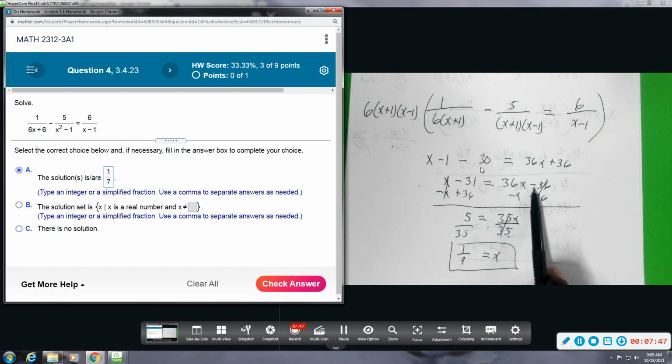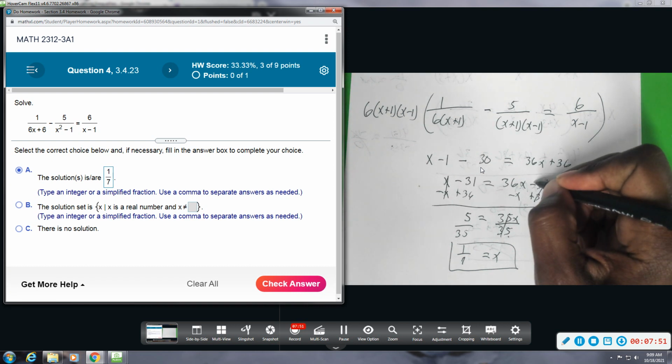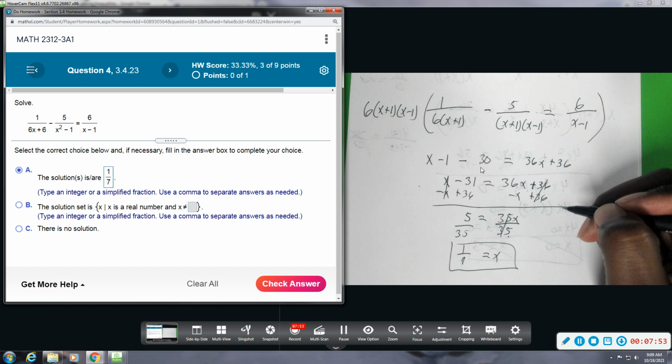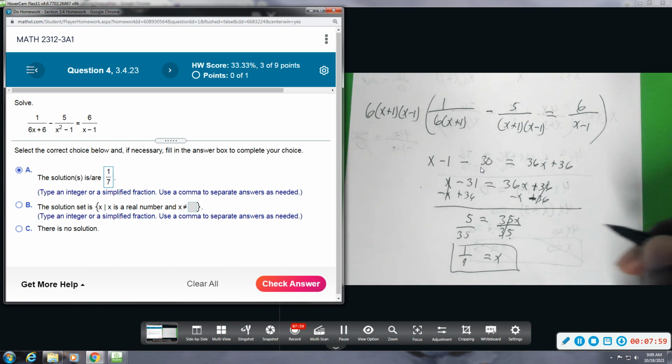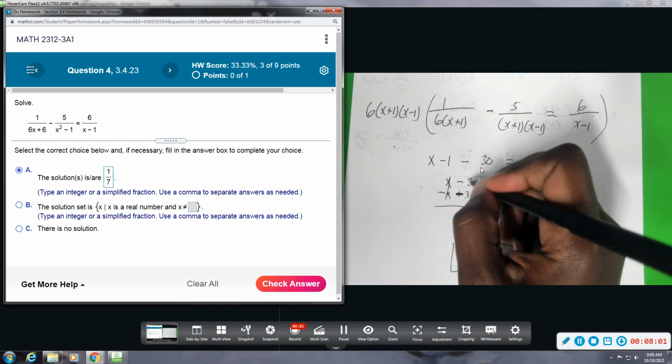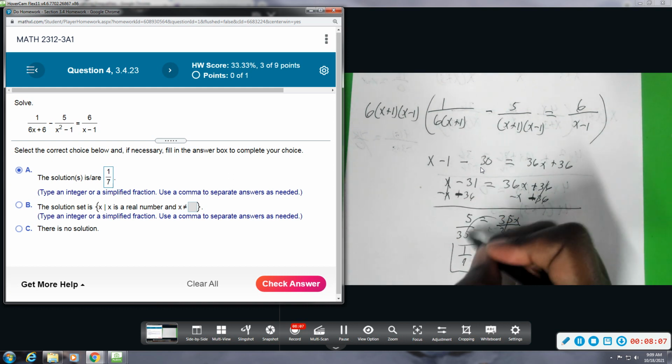I wrote a minus 36, so here's my problem. My sign changed. This should be a positive 36. And so I should have been subtracting 36 from both sides. Combining those would give us a negative 67. Okay, so that was my problem.